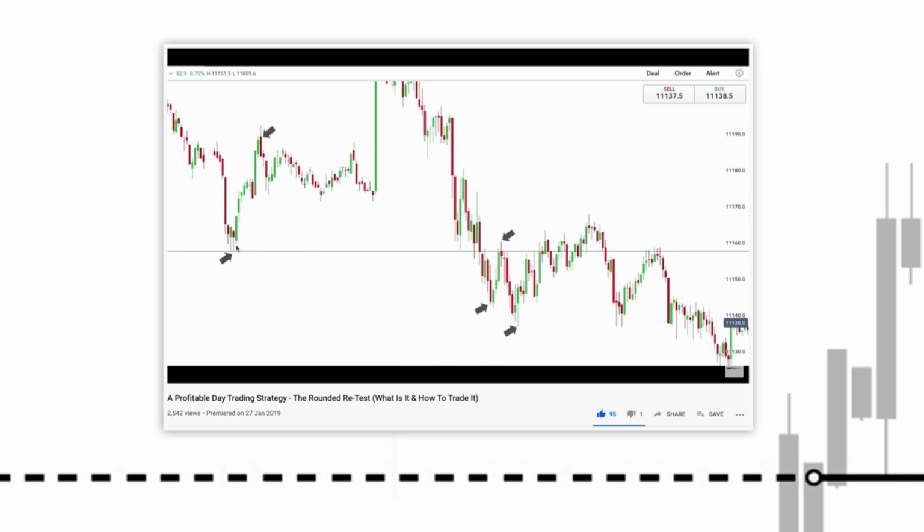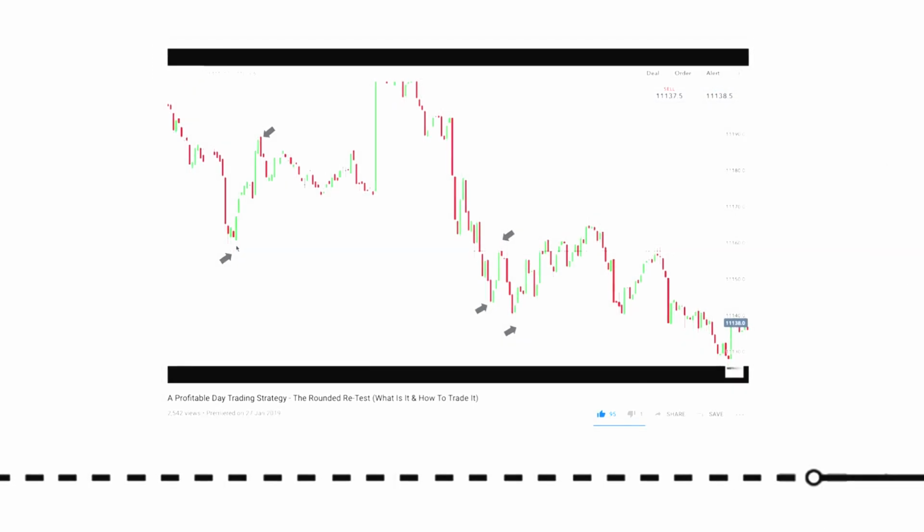And you can carry that setup into a multitude of different markets too. So whether you trade currencies or indexes or whatever market or markets that you focus on, you'll be able to make use of this and pull money out of the markets using it. Again, let me share a very short 60-second clip from one of the rounded retest strategy walkthrough videos.